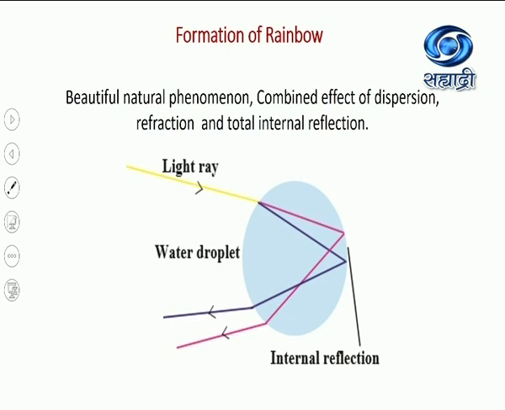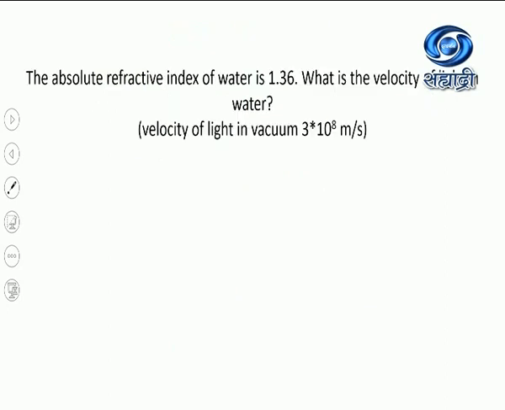Now let us see some numericals. The absolute refractive index of water is 1.36. What is the velocity of light in water? Velocity of light in vacuum is 3 into 10 raised to 8 meters per second. Given V1 is equal to 3 into 10 raised to 8 meters per second, and n, the refractive index, is equal to 1.36.